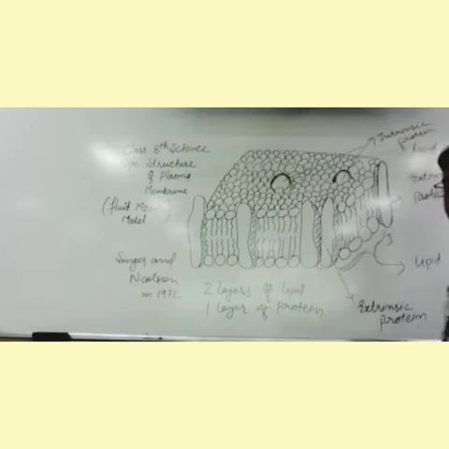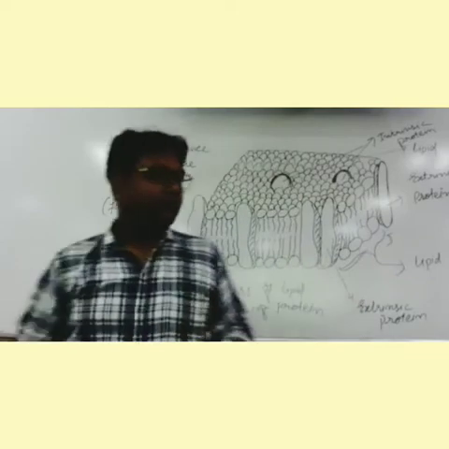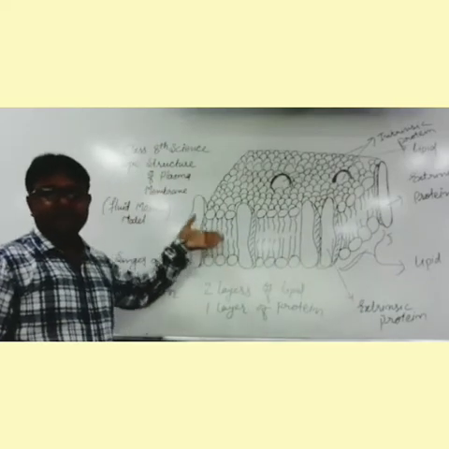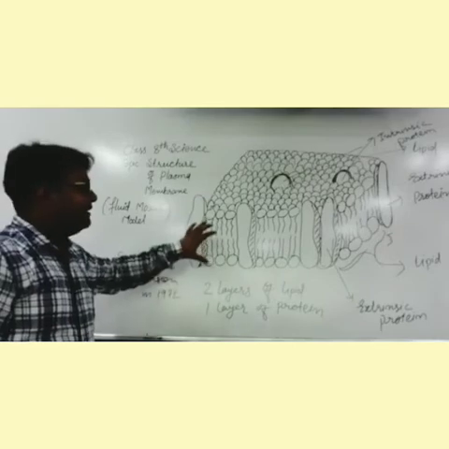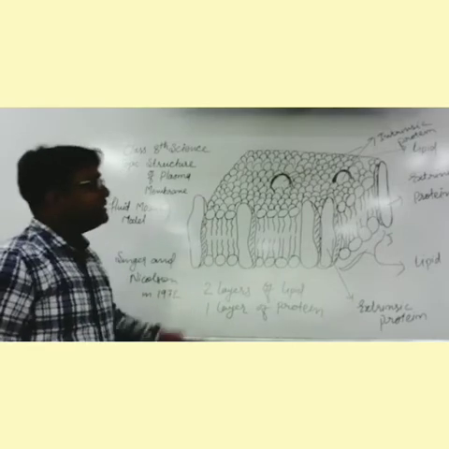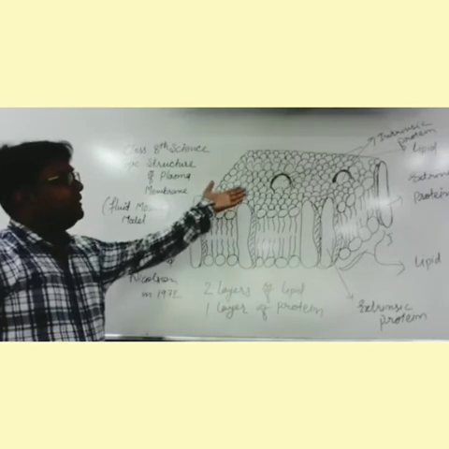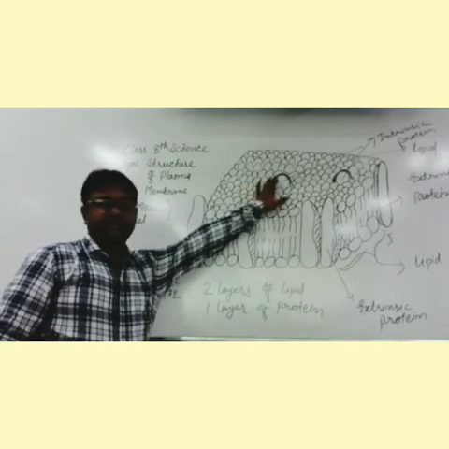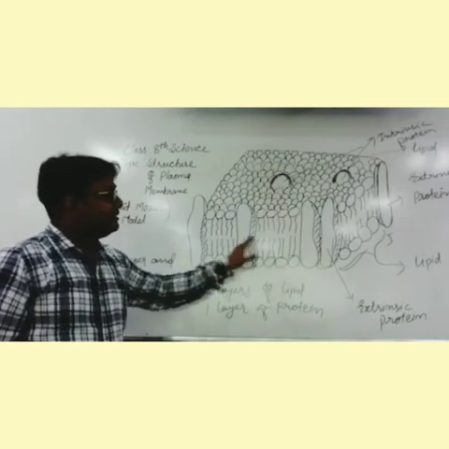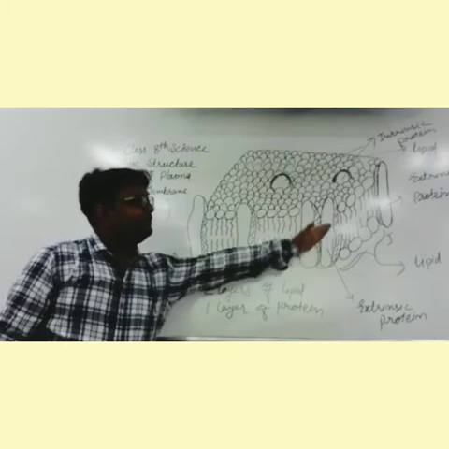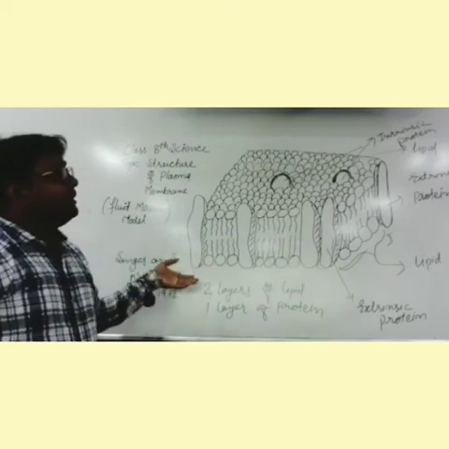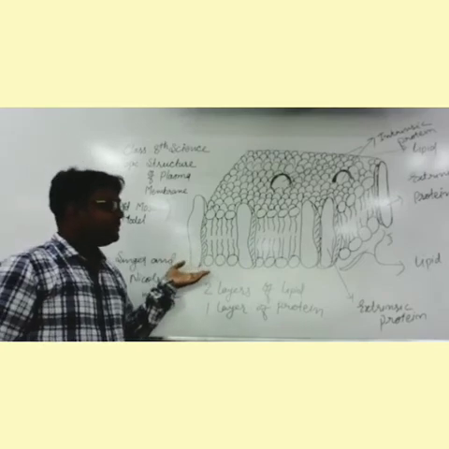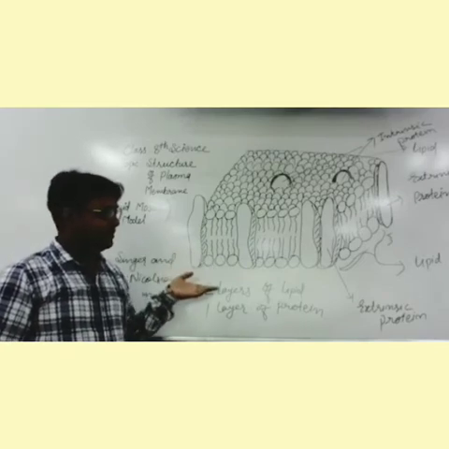These two types of proteins help to bind the two lipid layers together and keep them in one place: intrinsic protein, which is available inside the lipid layer, and extrinsic protein, which is available at the periphery of the plasma membrane. This is the structure of the plasma membrane.